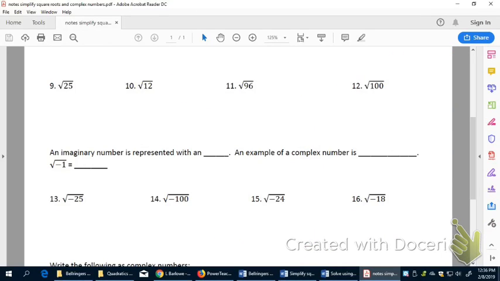The other thing you need to know about square roots is sometimes you might have a negative underneath them. You've probably talked about square roots with a negative before, and you said you can't do that because there's not 2 things that will multiply to give you a negative. Well, when you have a negative underneath the square root, you end up with something called an i.